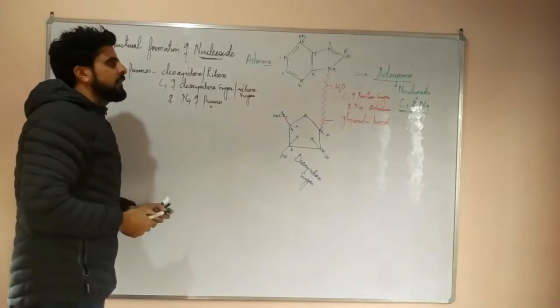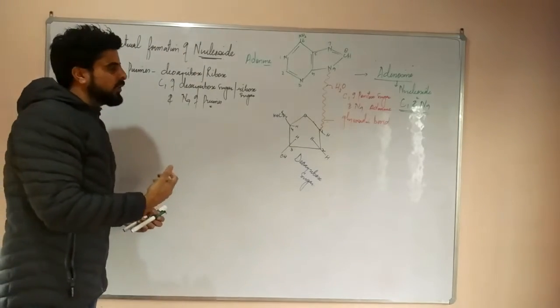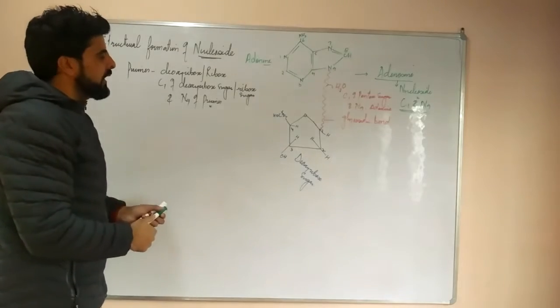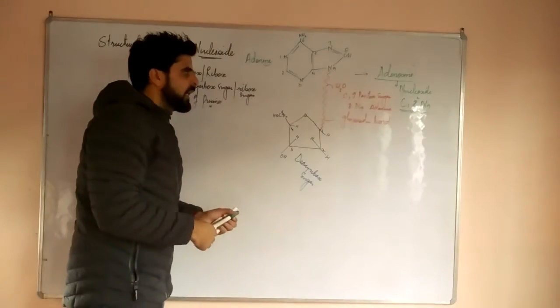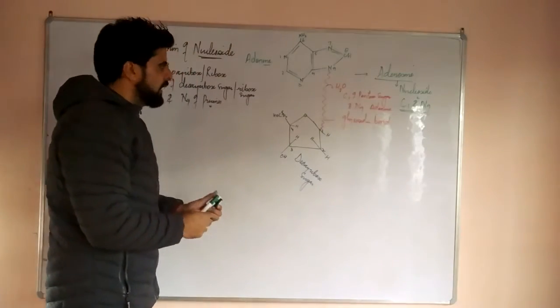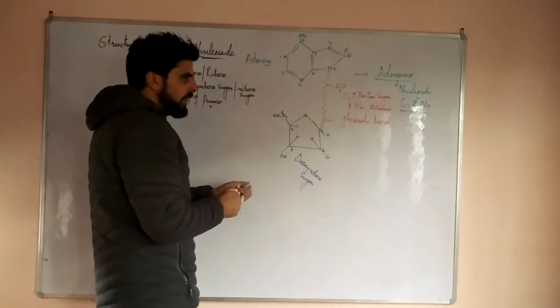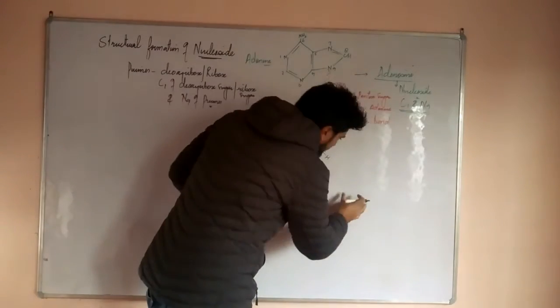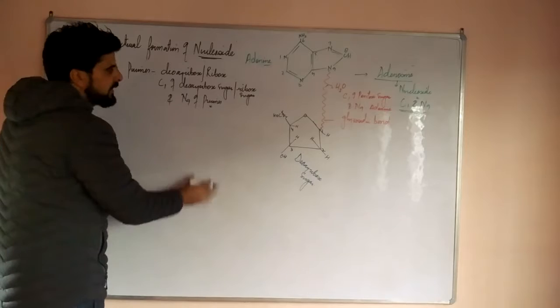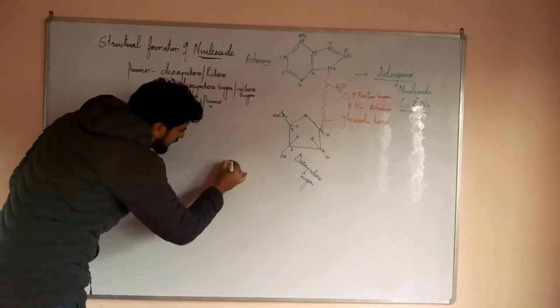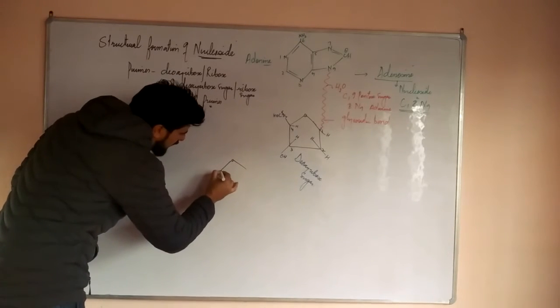Let's take one more diagram, and we will take here the deoxyribose sugar combining with a pyrimidine. Take the example of thymine, or we can also take uracil as well. So in the next structure, if I am making it here, we have a deoxyribose sugar.